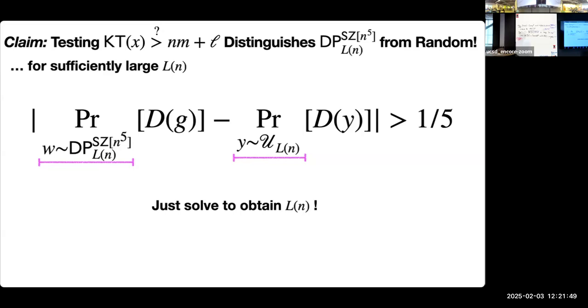If AC0[2] MK big TP is easy on average, then AC0[2] is learnable.